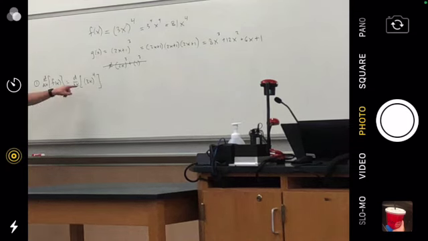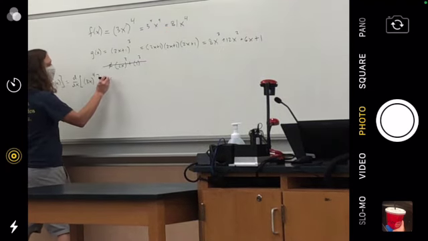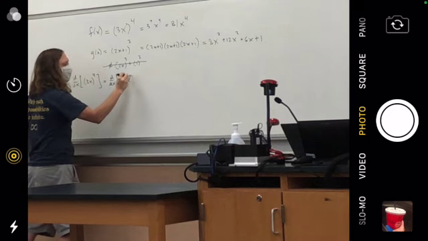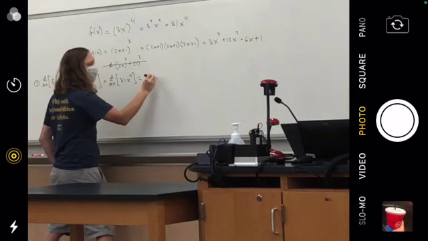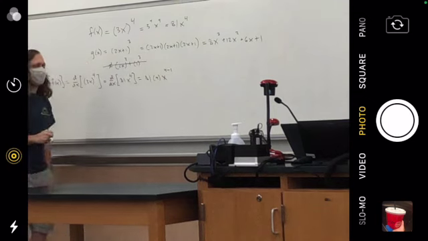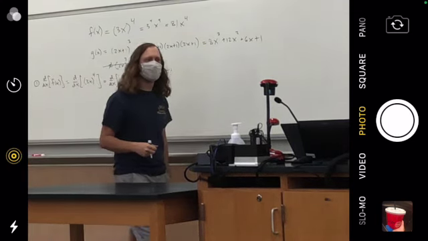To do that, I'd have to use this form, right? So this would be the same as the derivative of 81 times x to the 4th. So I get 81, and then the derivative of x to the 4th says bring down the 4, and then subtract 1, right? So what do I get?